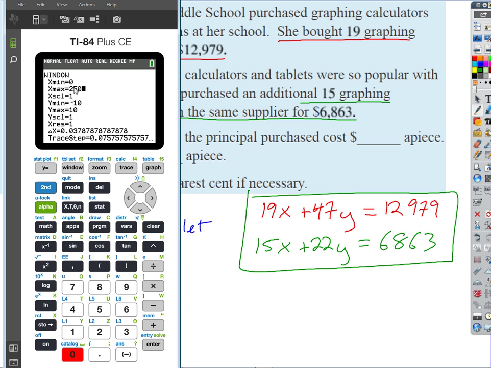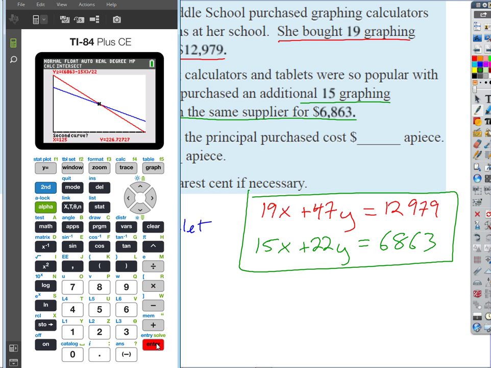So that's what I'm going to set the x min and the x max, and then I just hit zoom 0, which is zoom fit. Remember, so the calculator will do the thinking and pick the y values for us. Okay, that worked. I can see the intersection, and so I just go second, calc, intersect, and then triple enter. Enter, enter, enter. And it tells me that the x value is 129 and the y value is 224.